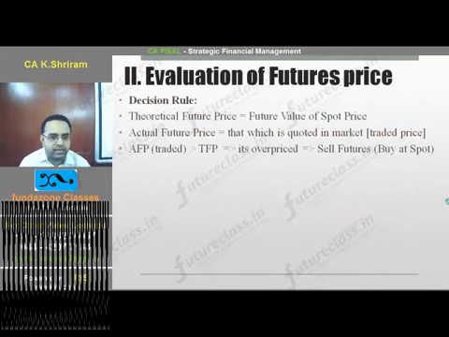If the actual future price traded is greater than the theoretical future price, it means it's overpriced. When something is overpriced, what will you do? Sell.